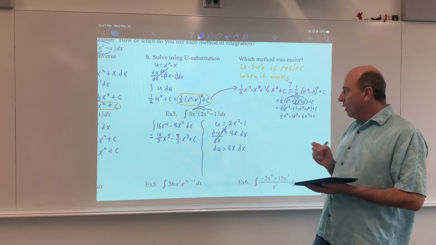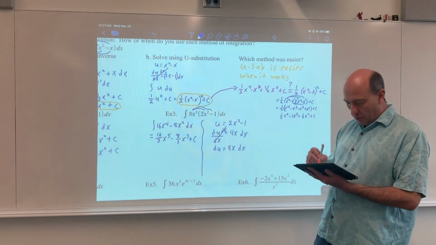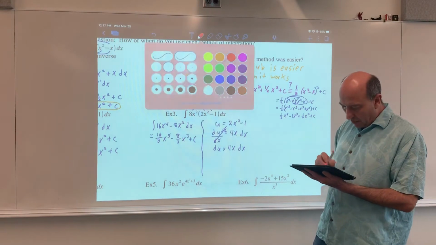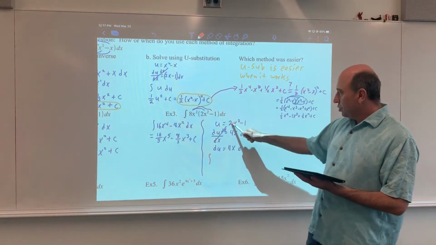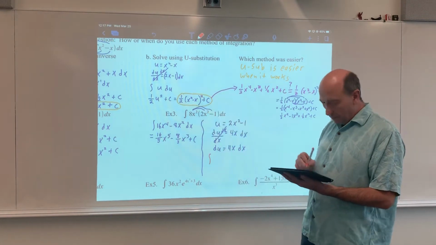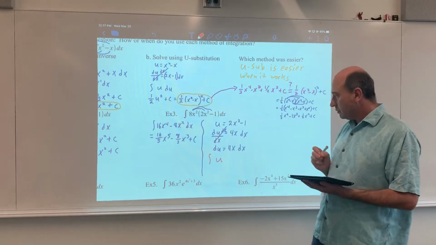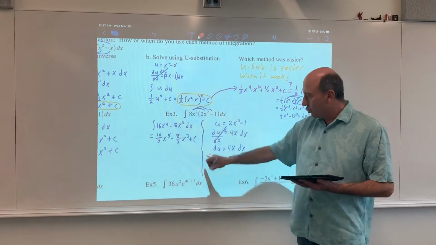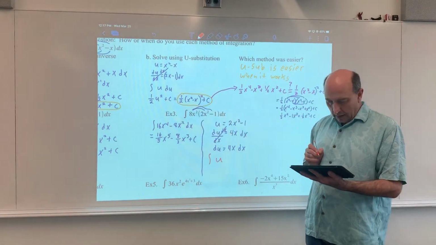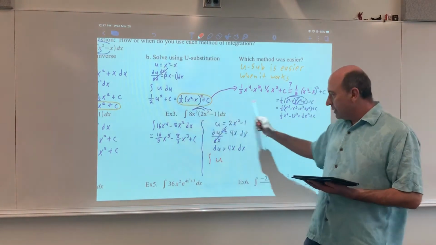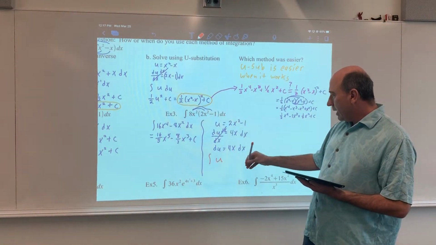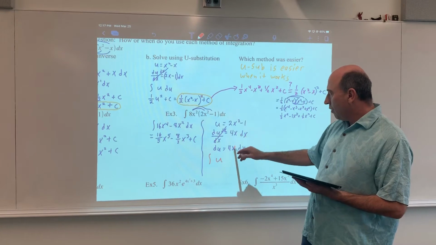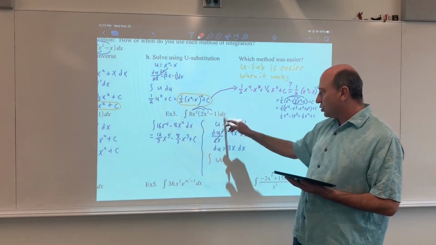Okay, now we're going to try to write it with u's. This is the step where we try to write it with u's. So we have the antiderivative. 2x squared minus 1 is u. We're trying to write this with u's. Okay, 8x squared dx. Oh, we have 4x dx, and we want 8x squared dx.